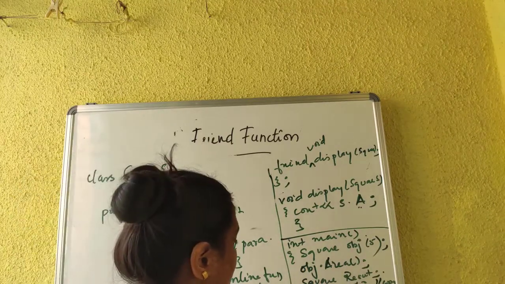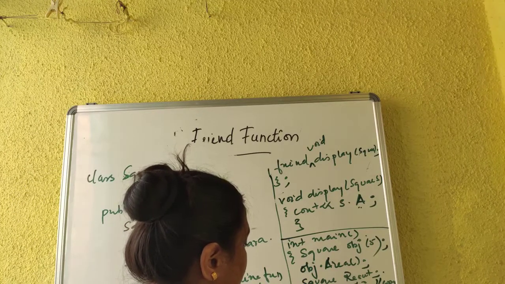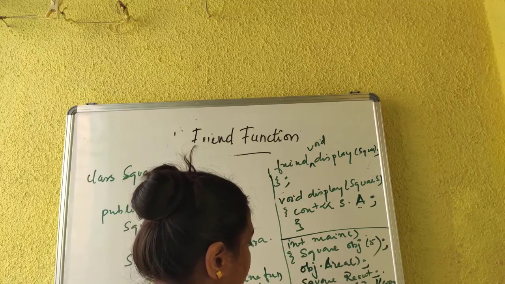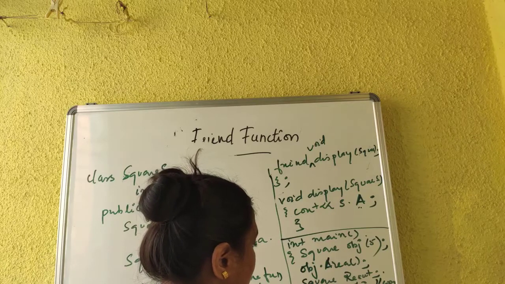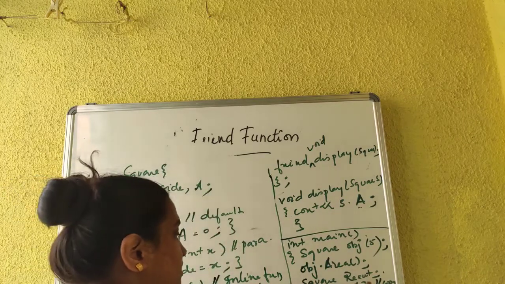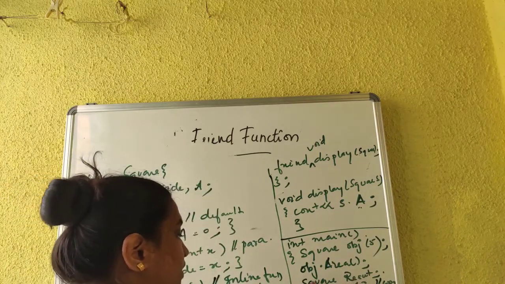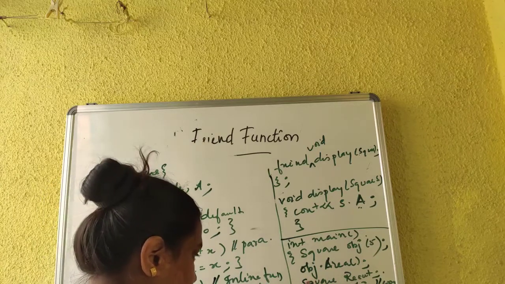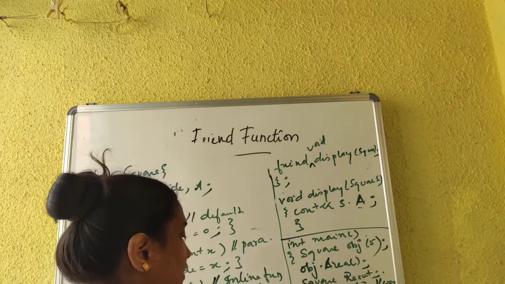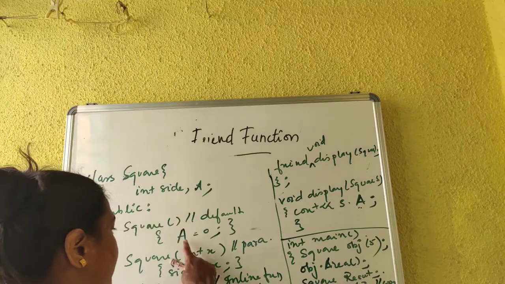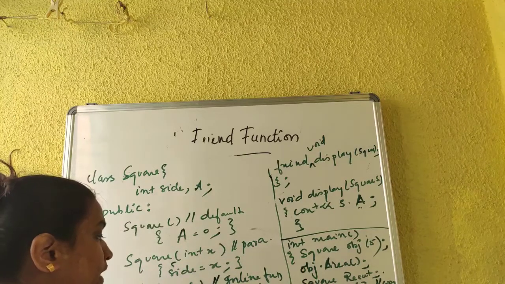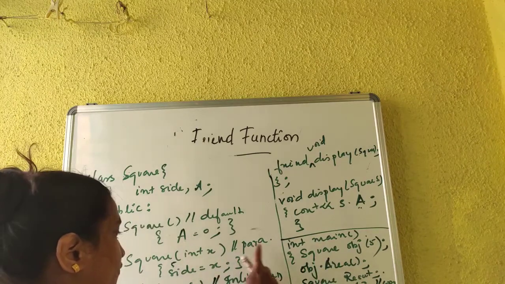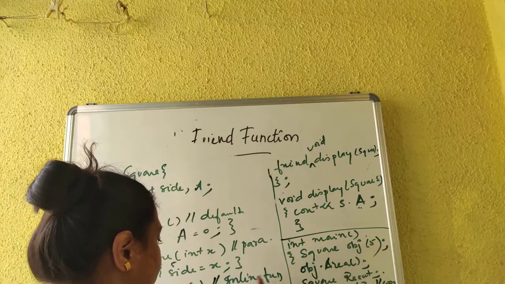So when I call the display function here, display result, what happens? The state of object obj is going to be equal to the state of result. That means in result A will also become equal to 25, because side was 5 in the case of obj.